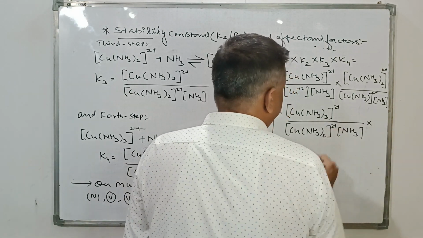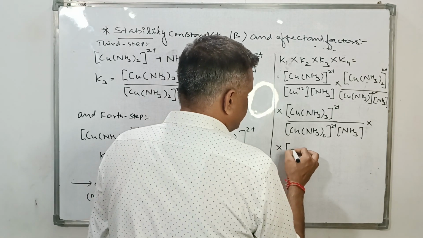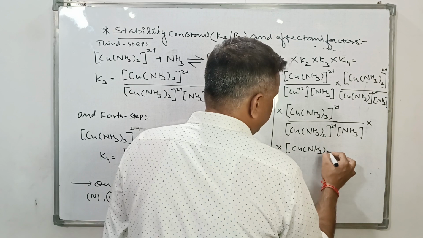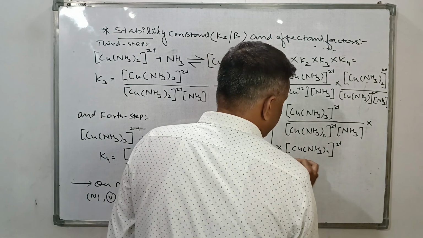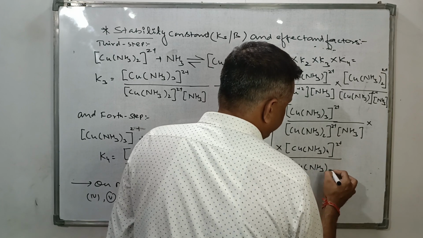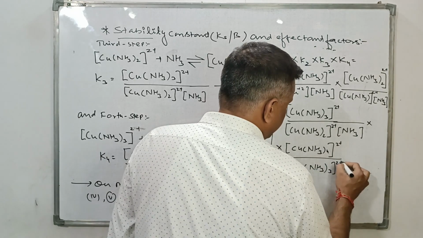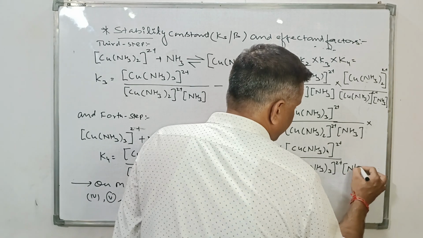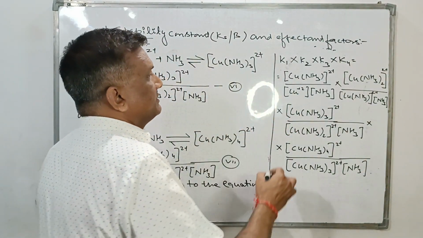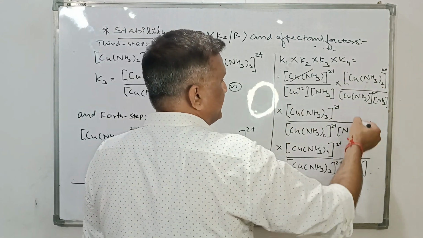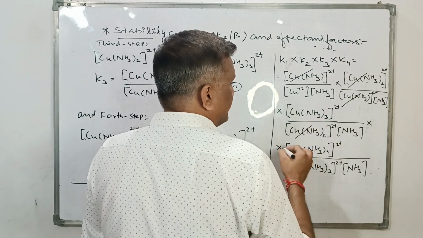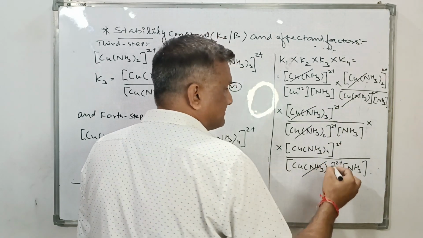Now the value of K4, this is [Cu(NH3)4]2+ upon [Cu(NH3)3]2+ and NH3. So this step may cancel out by this, this may cancel out by this, this may cancel out by this.